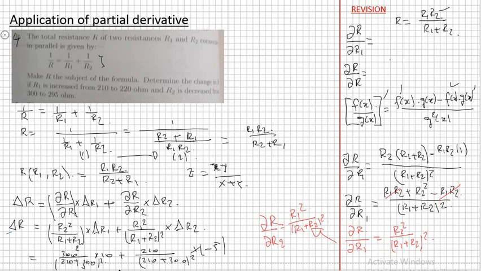So now you just need to use your calculator, punch in all this expression, and you get the answer.